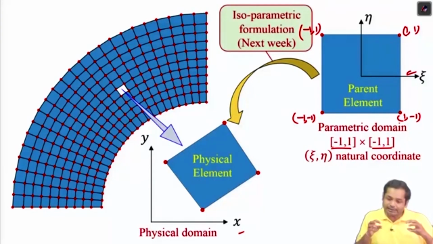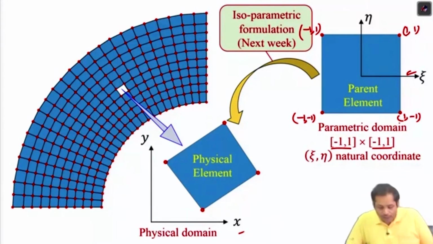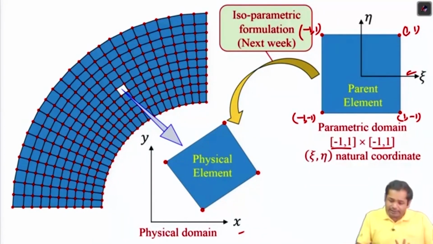We will not go into the details of this map. Next week we will be talking about isoparametric formulation, and there we will see how to define this map. So this is the idea here.